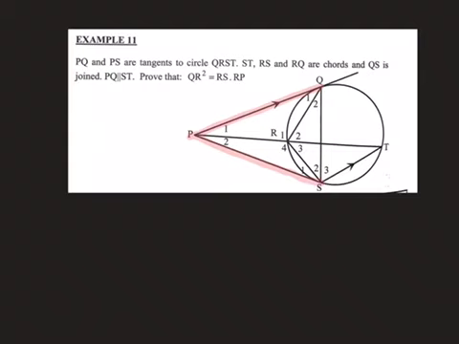Prove that QR squared. So when we see this QR squared, it means we are going to need a QR in two different triangles to get the squared. And we need an RS and we need an RP. So let's find the QR. Here's QR. Okay, where is there an RS? There's an RS. Here's an RP. Okay, so this QR is in two separate triangles.